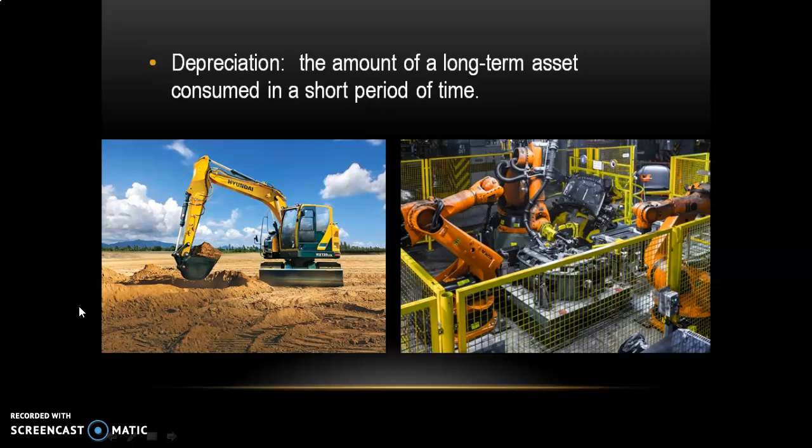So every year for the next 10 years, I'm going to list an expense of $10,000. That's the depreciation expense for that machine, $10,000 every single year for 10 years. And that's depreciation. It's an accounting tool to basically distribute the expensive cost of a major asset over the life of that asset.